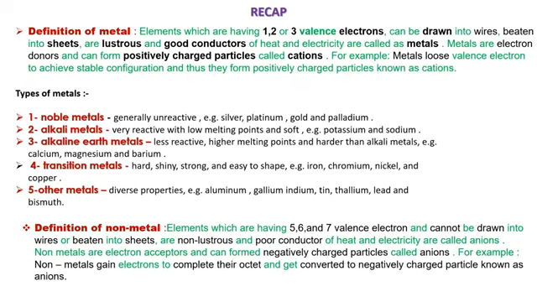Now let me explain this with an example. We can take an example of sodium here, right? And we know that sodium is going to lose one electron and it will form a cation, that is Na plus. Now let us make the electronic configuration of sodium.